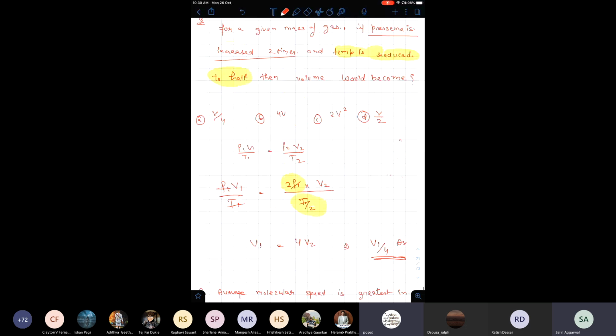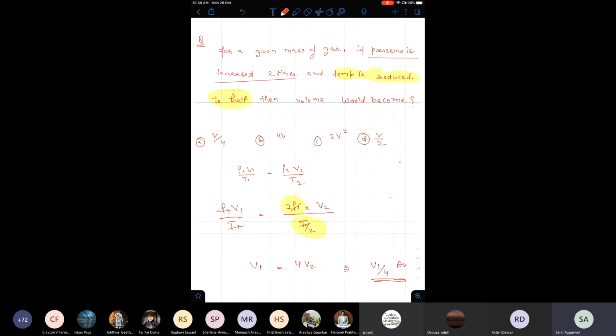Average molecular speed is greatest in which of the following gas samples?